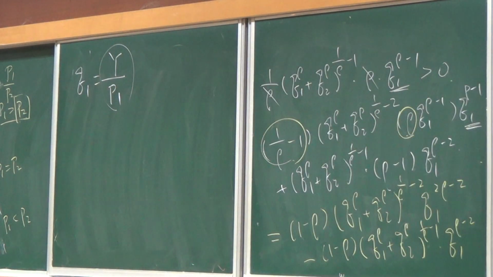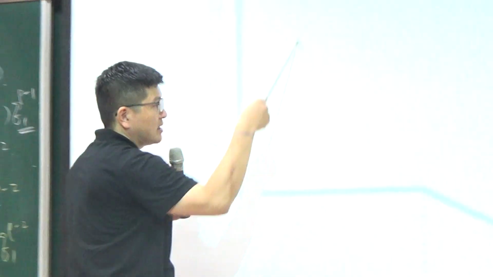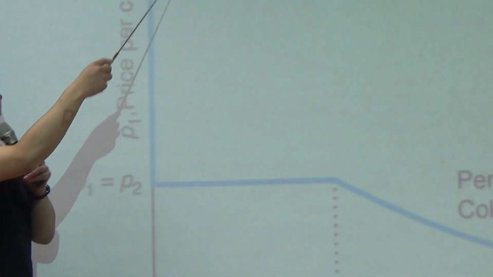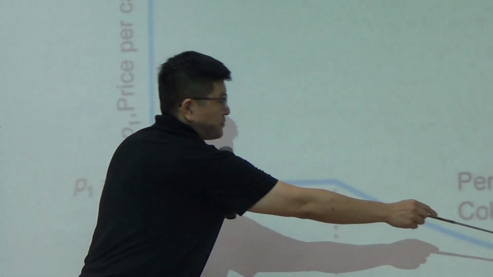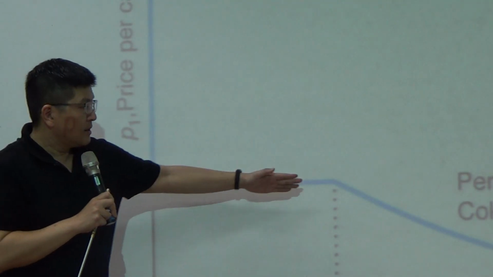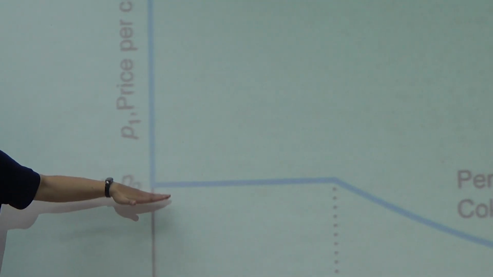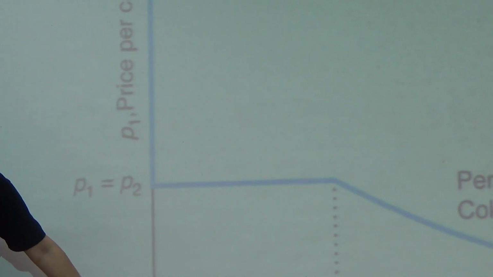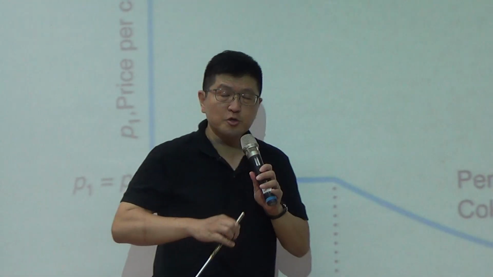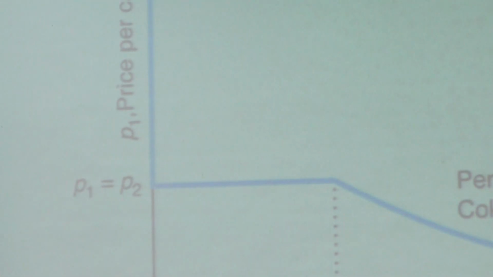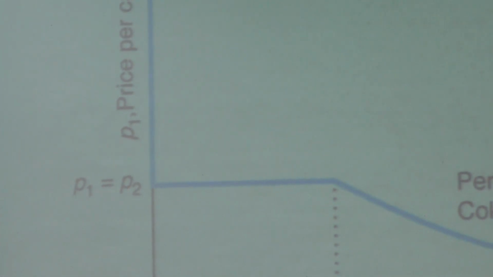So this curve is actually a part of a hyperbola, okay? But only within this range of P1, as P1 is lower than P2. So we may have this. So would you please put something here, saying Q1 equals y over P1.